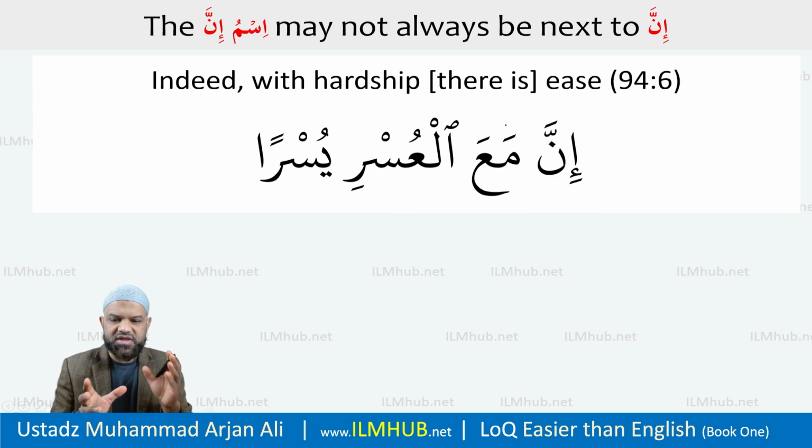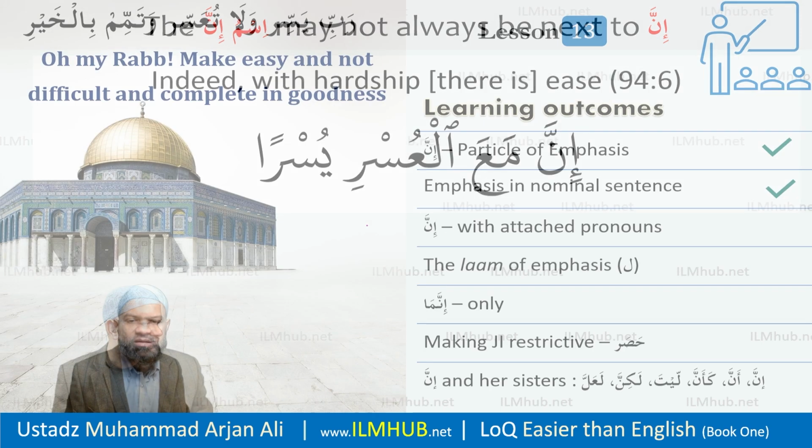You can see where the ismu inna is coming at the end and khabaru inna is coming first, but the khabaru inna is muta'alliq. It is shibu jumla because of al-usri, which is a special type of structure. Please pay attention to these. All the things that we've learned previously, now they're getting more practice with additions, inshallah ta'ala.